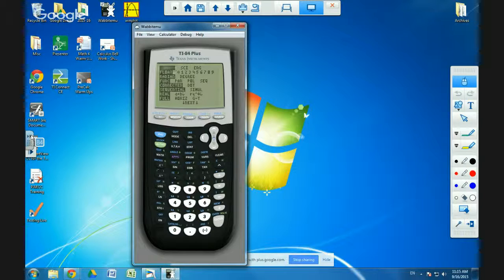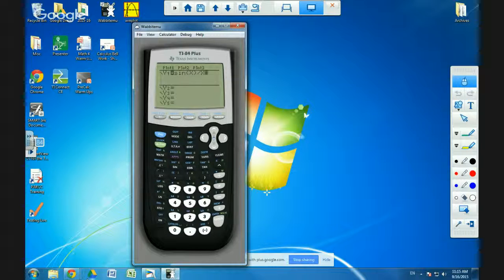Go to mode, radians. Okay, go to your y equals screen and put in sine x divided by x. It's a function.